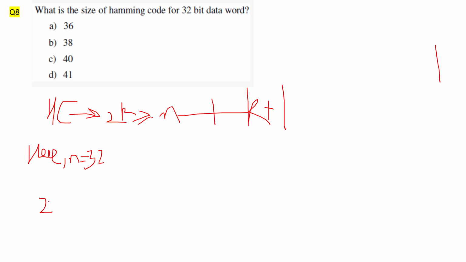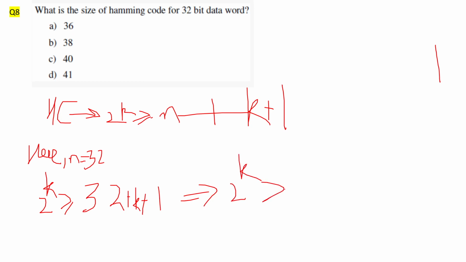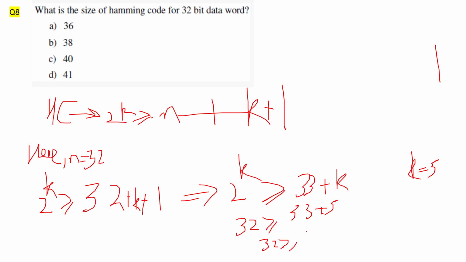So 2 raised to power k should be greater or equal to 32 plus k plus 1, which implies 2 raised to power k should be greater or equal to 33 plus k. Let us say k is equal to 5. So 32 greater or equal to 33 plus 5, that is 38. 32 is greater or equal to 38, so this is incorrect.